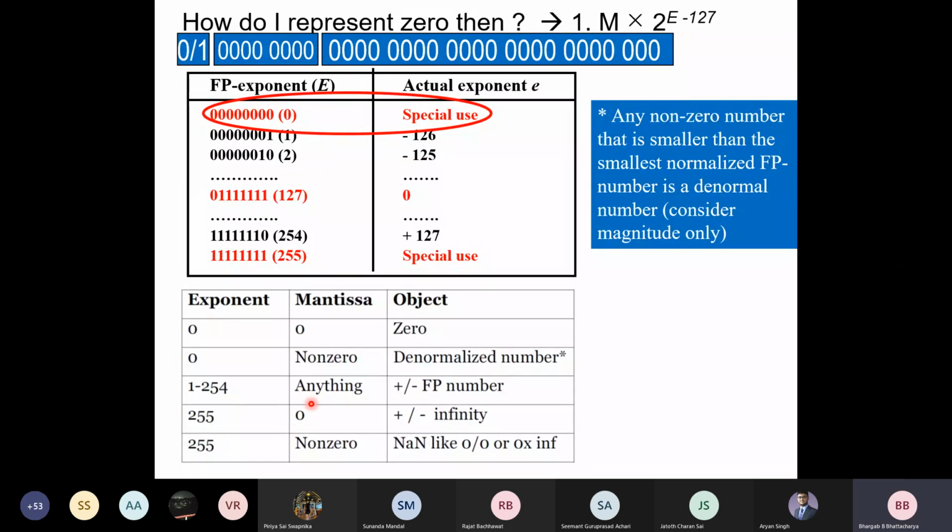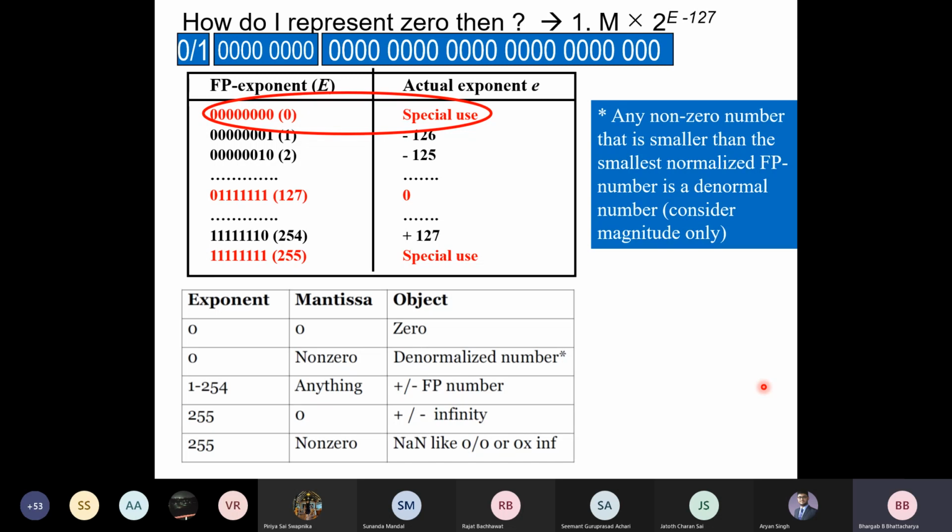In denormal numbers, any non-zero number which is smaller than the smallest normalized floating point number is a denormal number. We will discuss that shortly, and you will see how a denormal number can be interpreted.